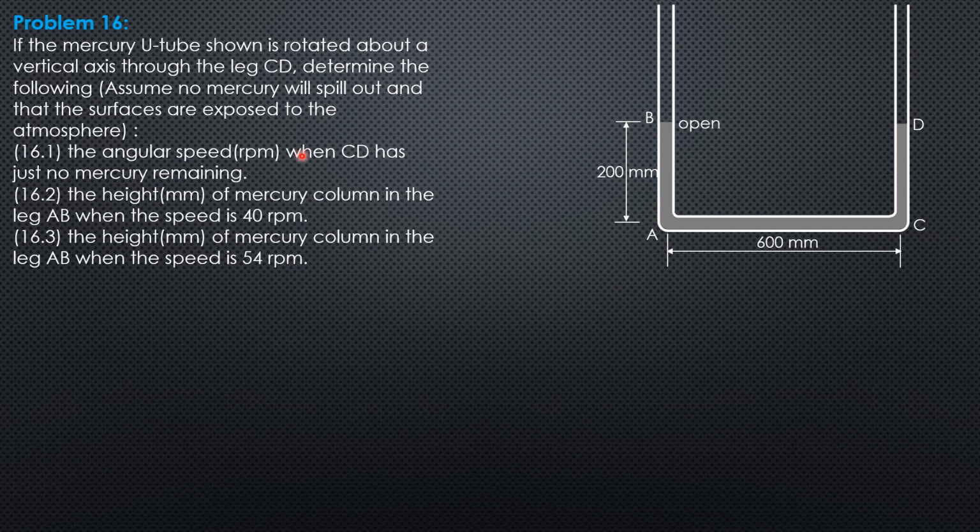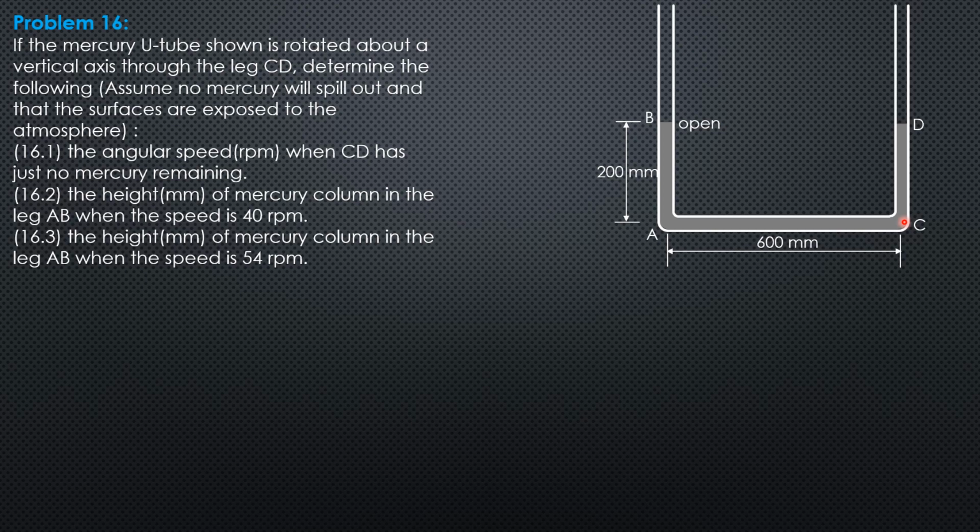For the first question, when CD has just no mercury remaining, since both surfaces of mercury are exposed to the atmosphere, the vortex will form at C because it is rotated about that vertical axis through the leg CD.